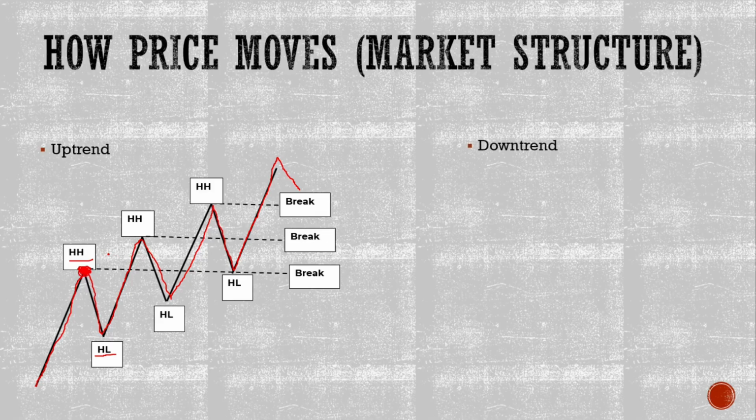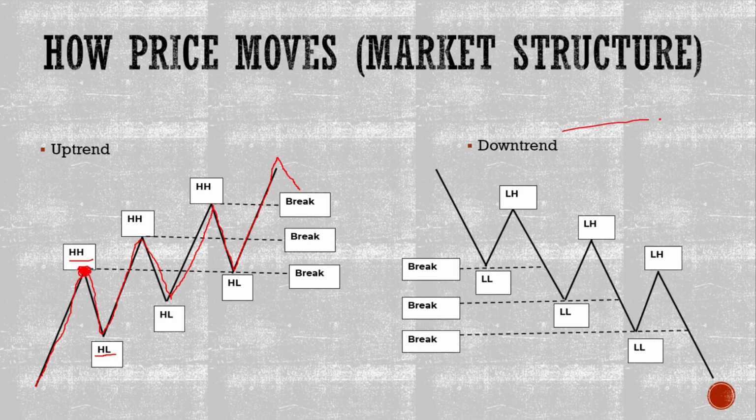Now let's move on to the downtrend. If price is in a downtrend, that means price is moving down, or it's selling, or it's in a bearish trend. Same thing: let's say price was here, it will be making the push, pull back, push, pull back, or impulsive move, retracement, impulsive move, and so on.